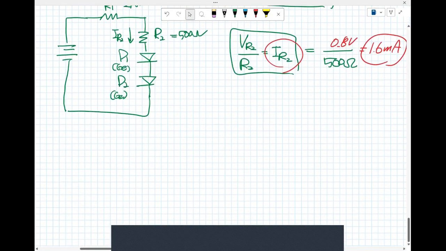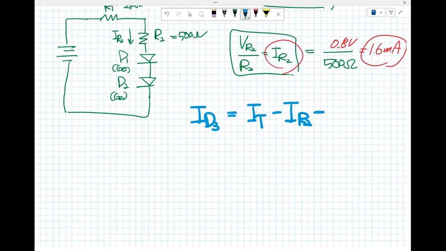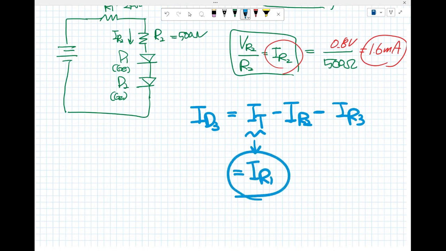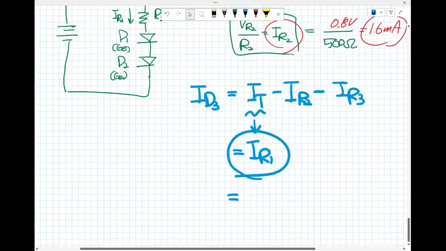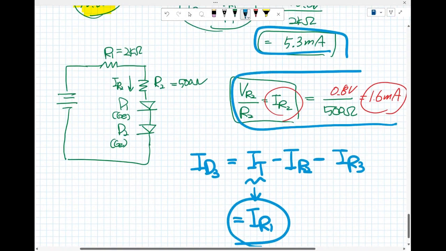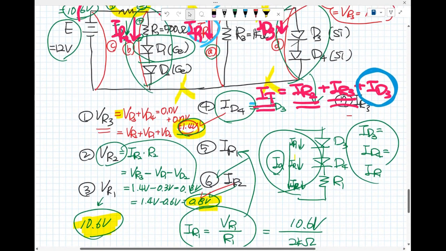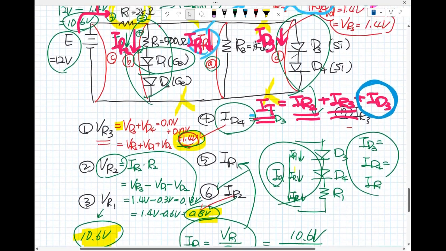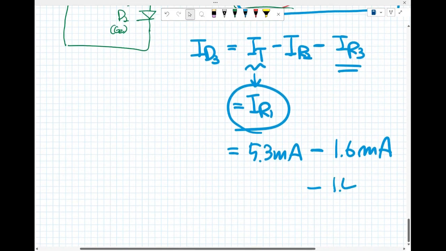So go back to here. I sub D sub 3 is I sub t minus I sub R sub 2 minus I sub R sub 3. In here, the I sub t is the same as I sub R sub 1, which we have already calculated: 5.3 milliamp, minus the I sub R sub 2, 1.6 milliamp, and minus the I sub R sub 3, which we have already calculated, 1.4 milliamp.